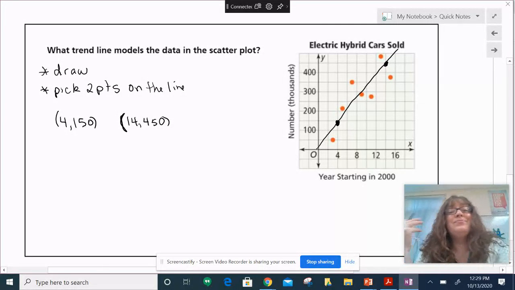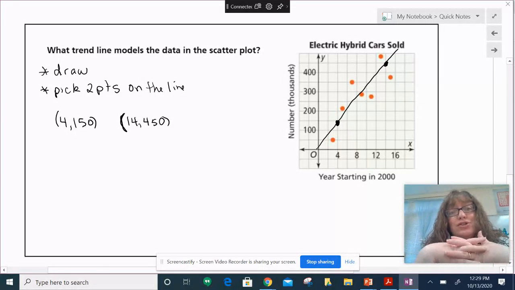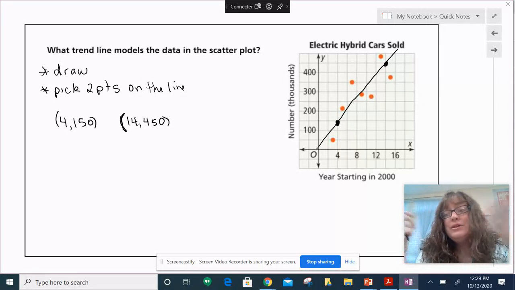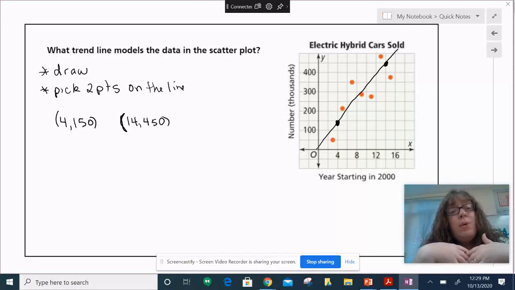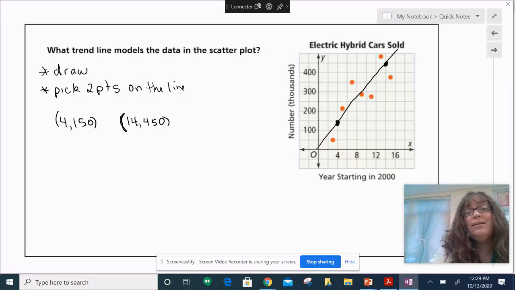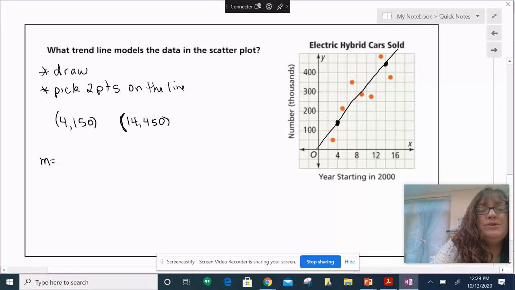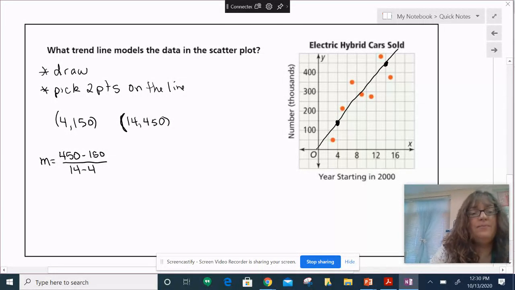So guys, this is where things should start to look familiar. I've got 2 points and I'm asked to write a trend line. I'm asked to write an equation of a line. So to do that, when I'm given 2 points, I'm going to start by finding the slope. So the slope in this case would be 450 minus 150, y minus y, divided by 14 minus 4.